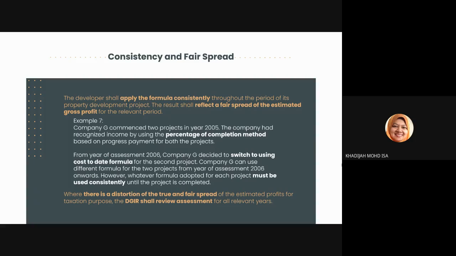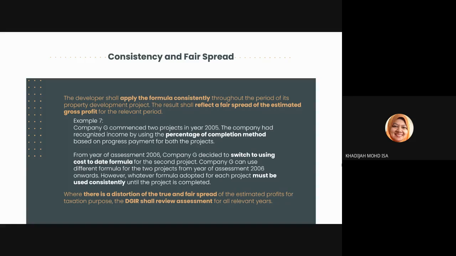Bila true and fair spread, maknanya profit tu should be, katalah project 5 years, so the profit should be spread over 5 years period, true and fair lah. Tak adalah dia keep on up and down, because of course if you don't have that, then a company will always try to minimize their estimated profit, because they don't want to pay tax in that year. So they will look for methods that will give lower estimated profit in order for them to avoid tax.